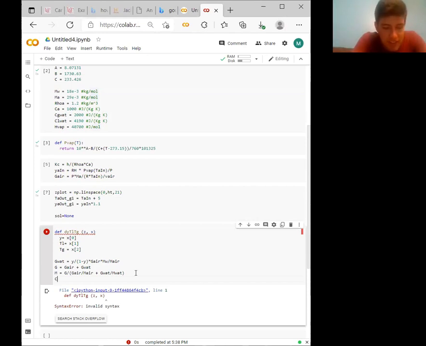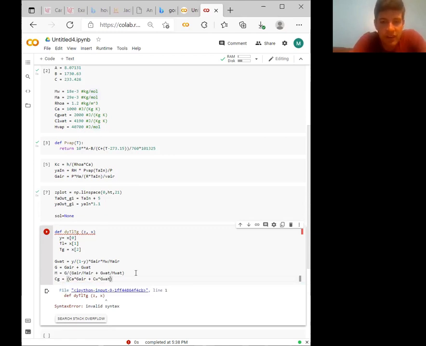Now I'm going to find the heat capacity for the gas in the system. So I'm going to use the heat capacity of air multiplied by the molar flow rate of air, and I'm going to add that to the specific heat of water multiplied by the molar flow rate of the gaseous water.